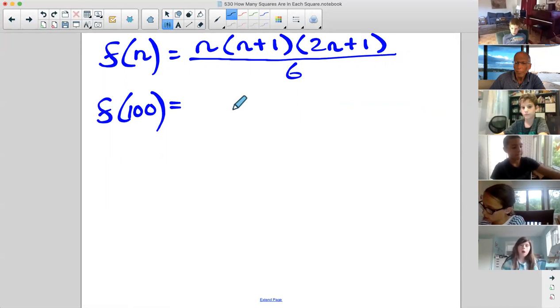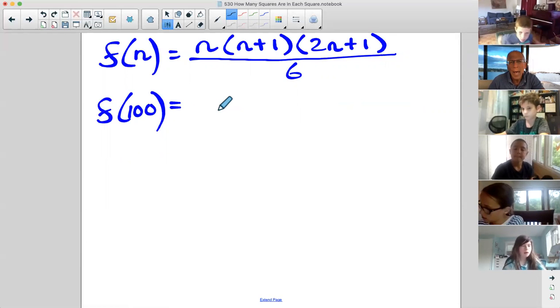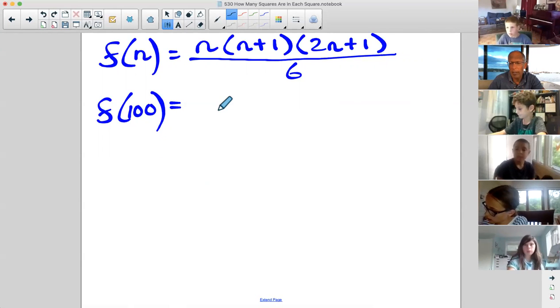Why does this work? Well, because when you take a square and you add it to the next square and to the next square, it creates a recursive formula. And I will show you later on in the year how we can develop our own formulas.